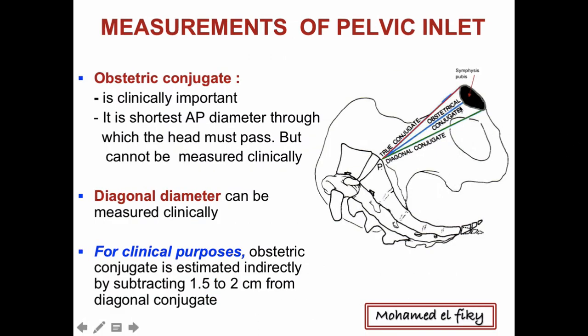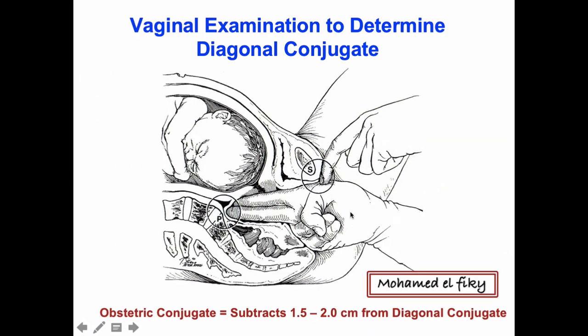Again, this is the anteroposterior diameter. We can determine the diagonal conjugate, the lower diameter, from vaginal examination. This is a vaginal examination.